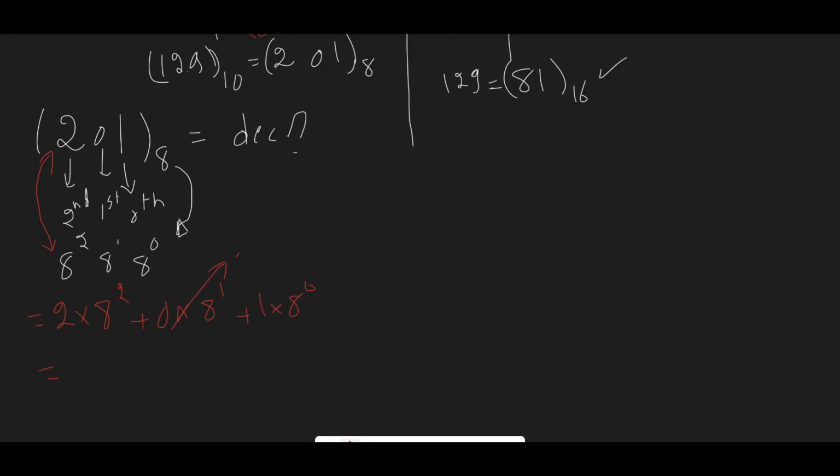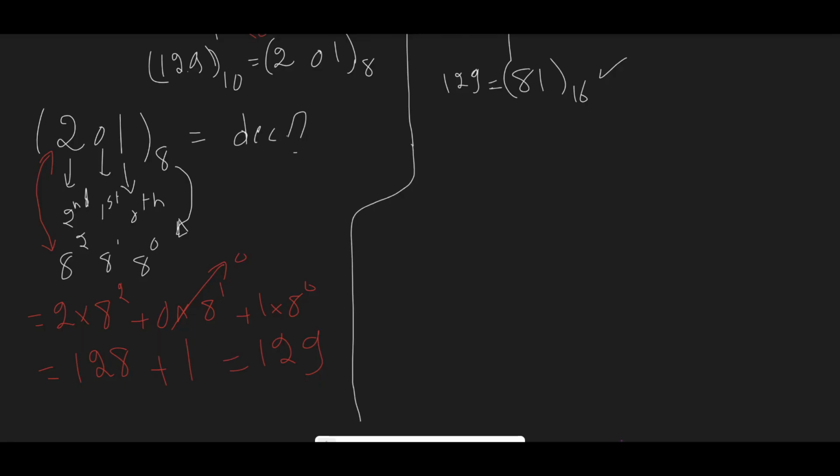We can get rid of the 0. 8 to the power 2 is 64, times 2 is 128, plus 1 times 8 to the power 0 is 1. So this will give us 129.